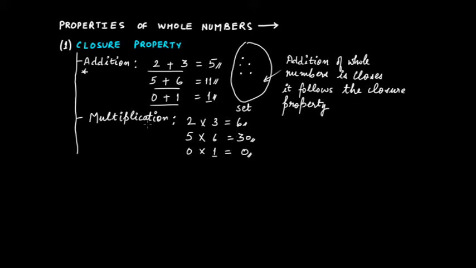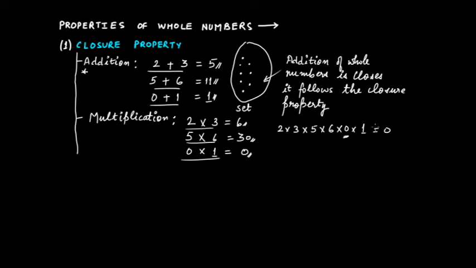That means that even if you multiply any numbers, either 2 numbers or 3 numbers or 4 numbers or 5 numbers, suppose you multiply all of these numbers, 2 by 3 multiplied by 5 multiplied by 6 multiplied by 0 multiplied by 1, since it has 0, therefore it would become 0.